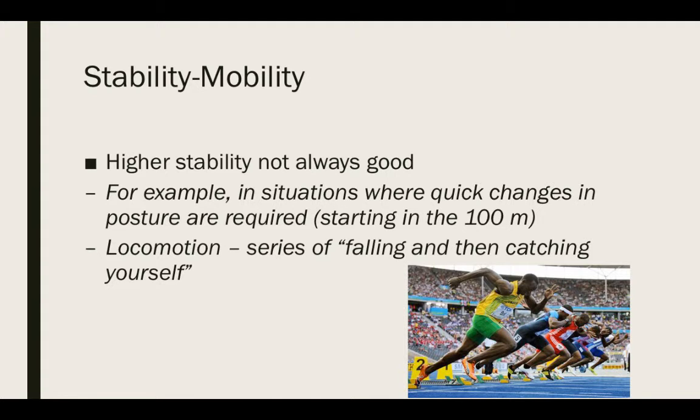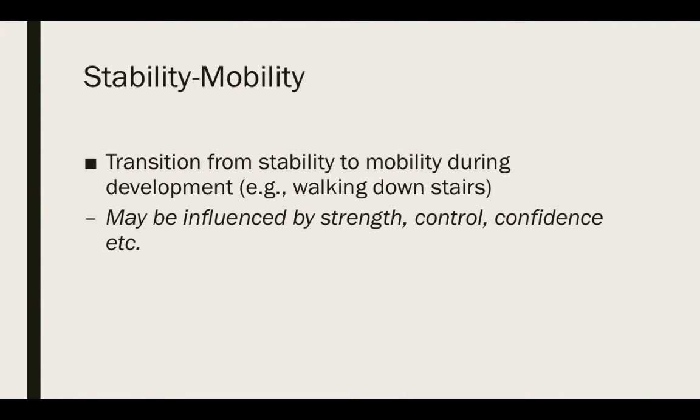When you walk, for example, you propel yourself forward and you catch yourself because your center of gravity falls outside of your base of support, and by putting your other foot forward, you end up catching yourself. The transition from stability to mobility is probably one of the most challenging aspects of development, as there are many factors that influence this transition, and they constantly change throughout the process of development.